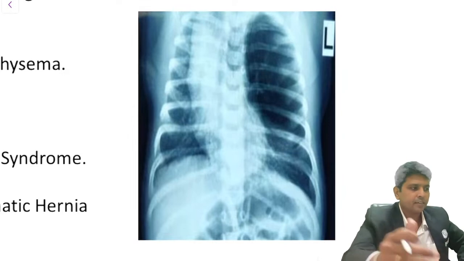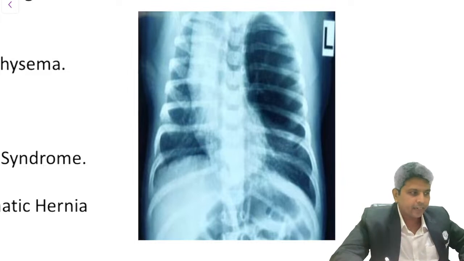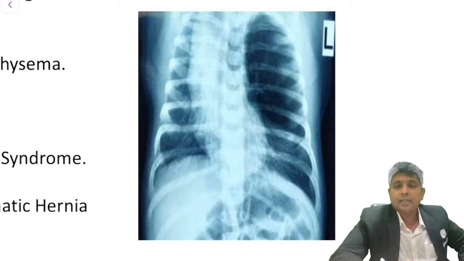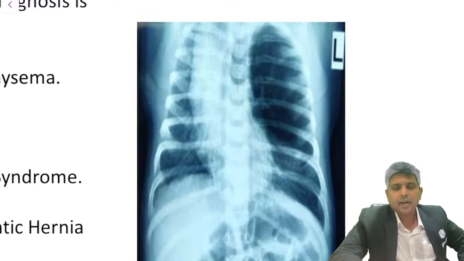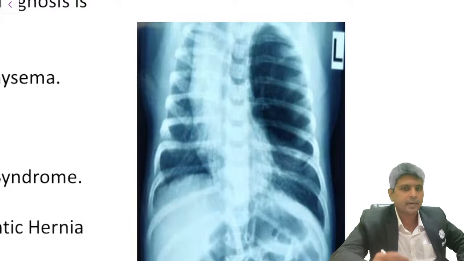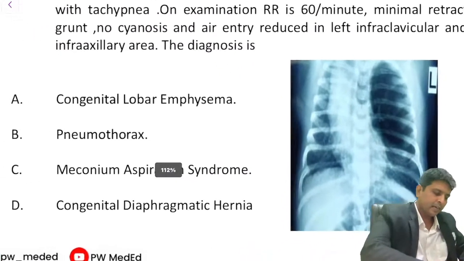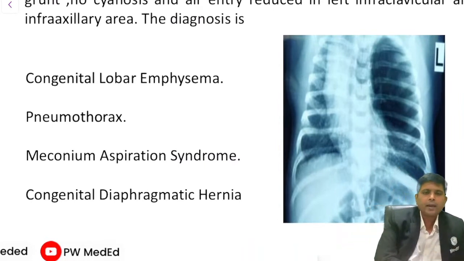This is a 10-day-old newborn brought with respiratory distress, and there is no history of birth asphyxia, and the respiratory rate is 60 per minute, minimal retractions, no cyanosis, nothing. Look at this X-ray first and tell me your differential diagnosis. What are all the differential diagnoses that can be offered in this case? The differential diagnoses are 1.